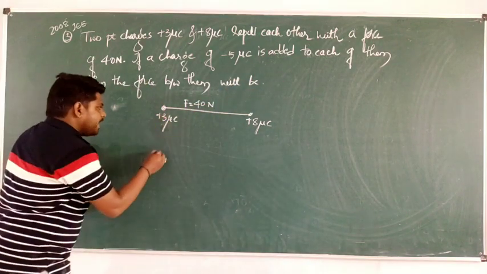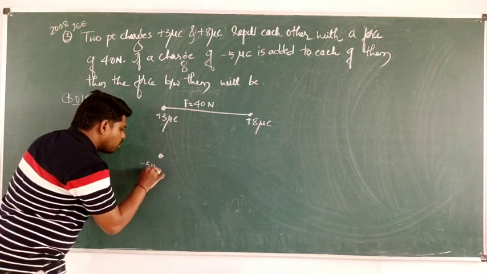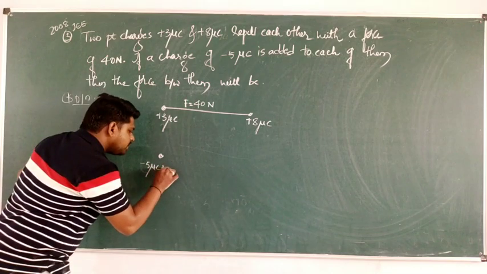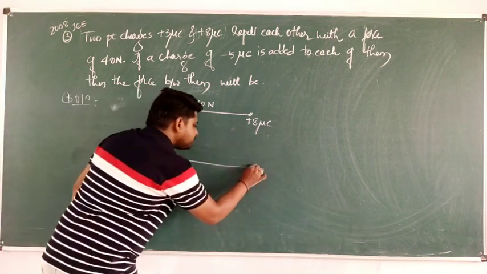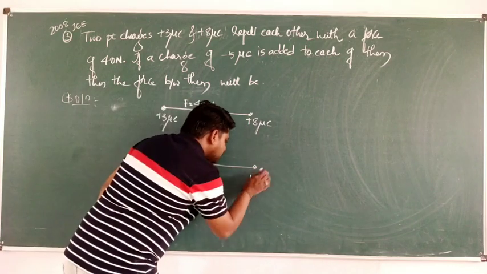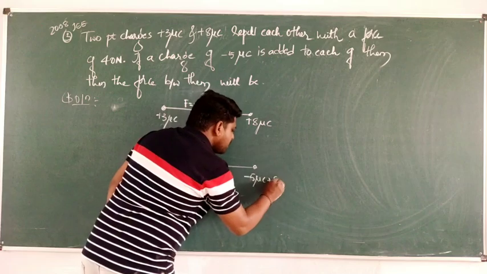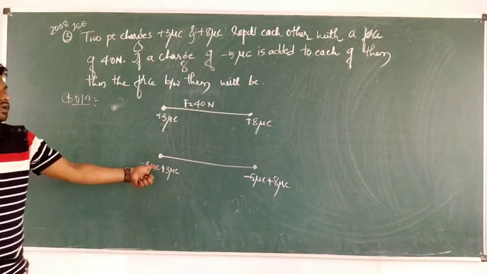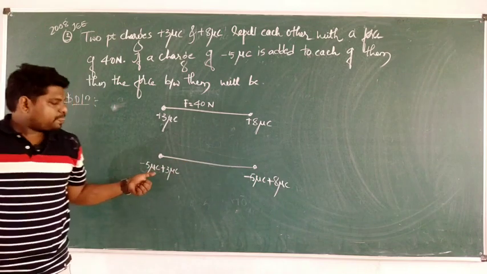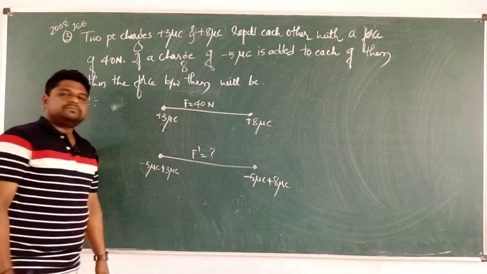You are going to add minus 5 microcoulomb to this plus 3 microcoulomb, and minus 5 microcoulomb to this plus 8 microcoulomb. These are the new charges arrived. Now they are asking what is the force between them.